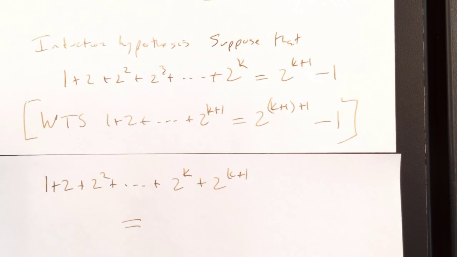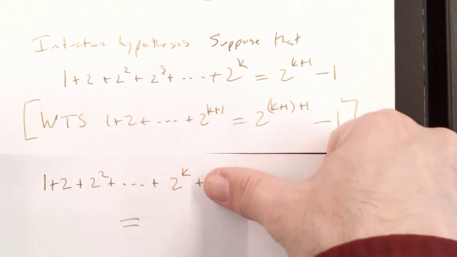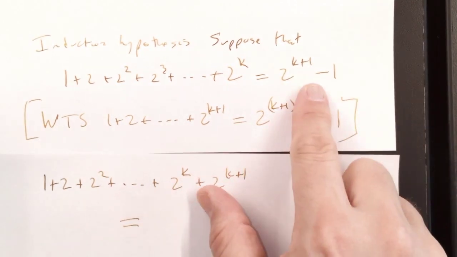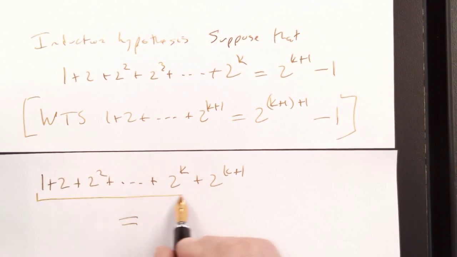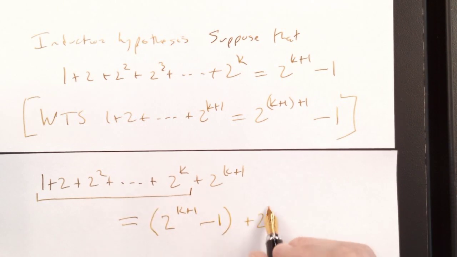And then everything minus the 2 to the k plus 1, that's all equal to 2 to the k plus 1 minus 1. That's helpful.